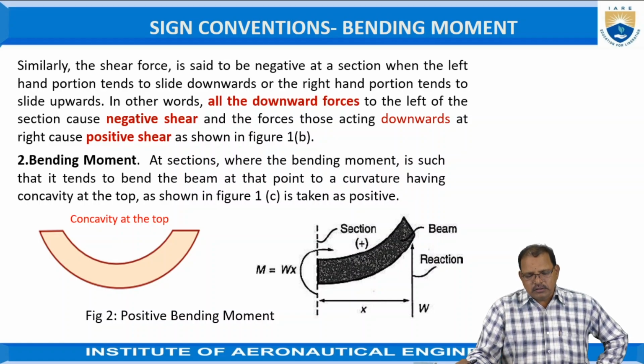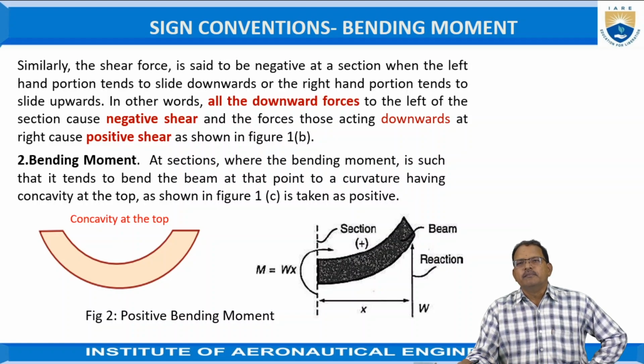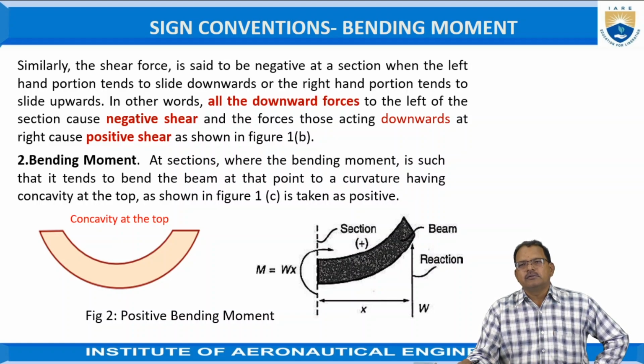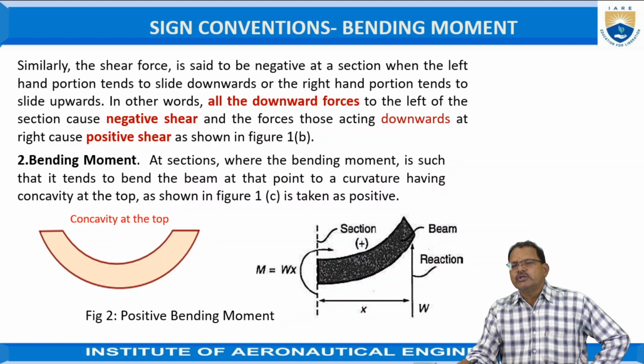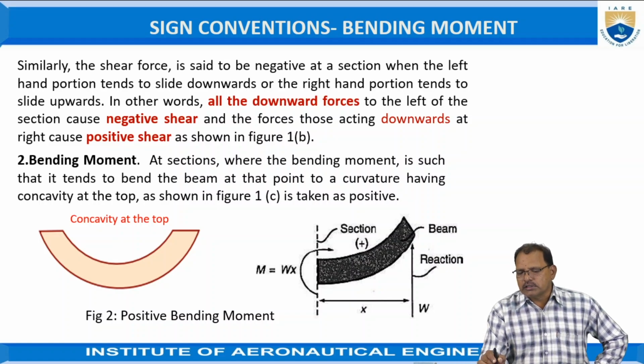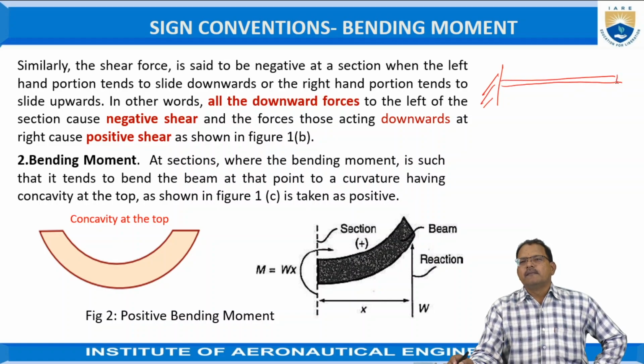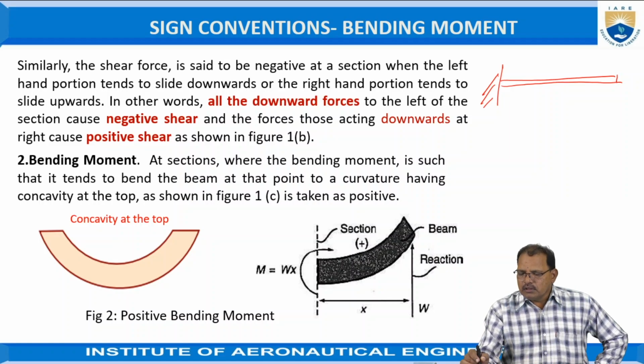Similarly, the bending moment at a section, where the bending moment is such that it tends to bend the beam at the point to a curvature having a concavity at the top as shown in the figure, is taken as positive now. Here I am taking an example now. This is one beam, known as a cantilever beam. The force is acting on it now.